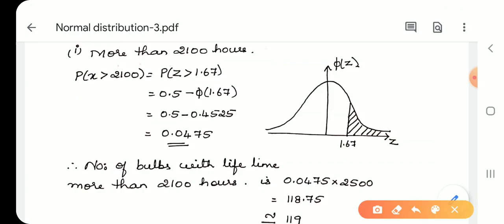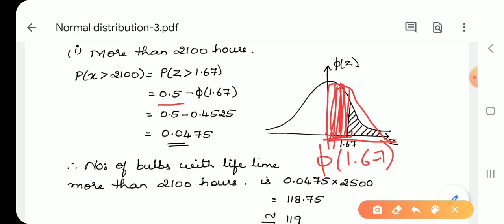As done in the problems before, here also we will take the half of the curve. The area of the half of the curve is given by 0.5. From this half portion of the curve, which is equal to 0.5, we will subtract this empty portion. This empty portion is represented by phi of 1.67.